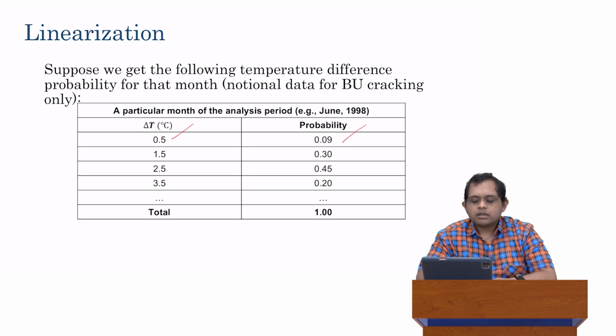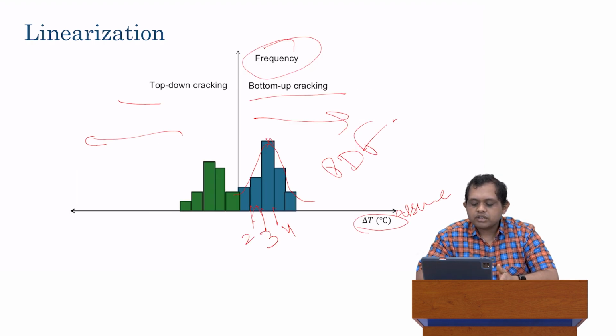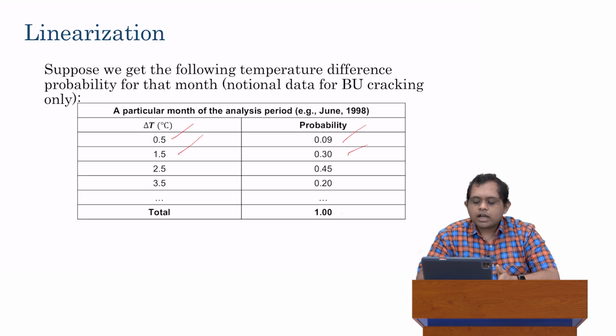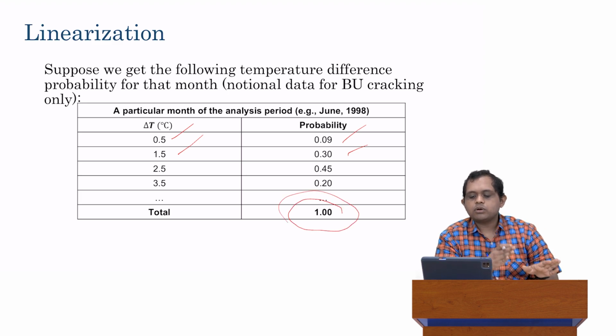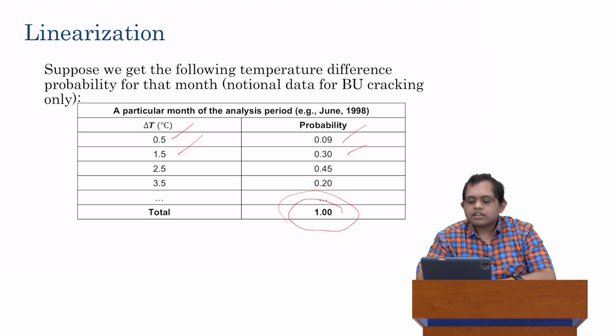Maybe 0.09, 1.5, 0.3. So basically, I'm just converting my frequency distribution at roughly every half degree. At the middle of each of these bars, I'm taking the frequency, and that gives me the probability. And the probability, of course, has to add up to 1. So again, we do this separately for top-down and bottom-up cracking. So then we get this probability distribution function for bottom-up and top-down separately for this particular month of the analysis.